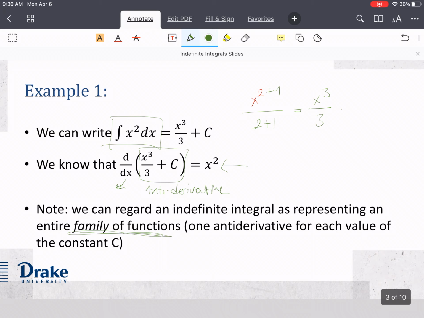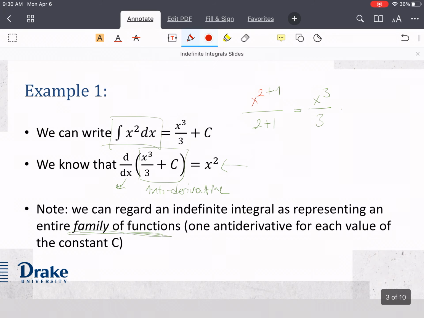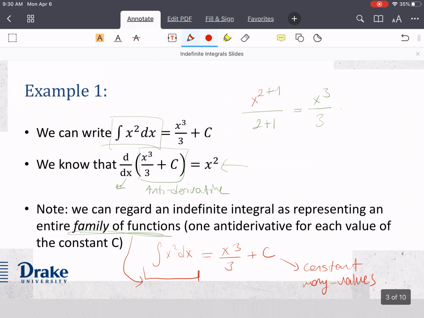So for instance, with the example we're given above, where we have the indefinite integral of x squared dx, this is the same thing as x cubed over 3 plus c, and c is a constant that can take many values. That's why indefinite integrals represent a family of functions.